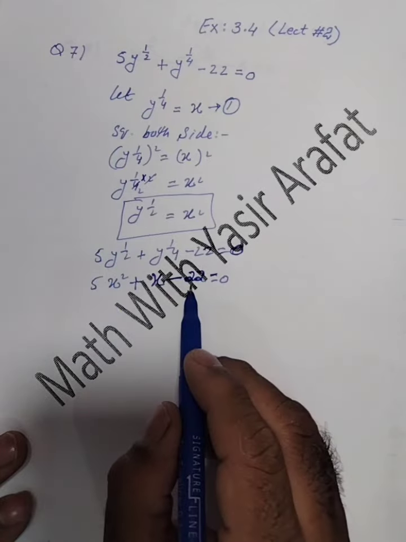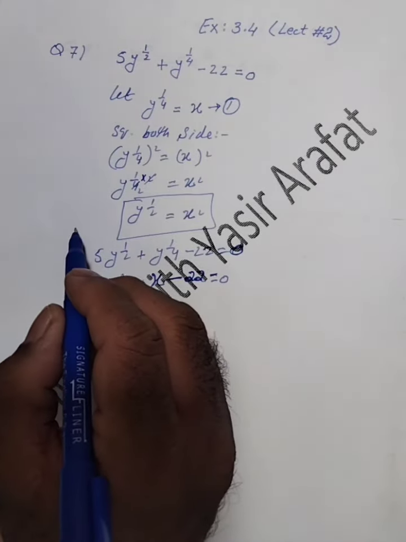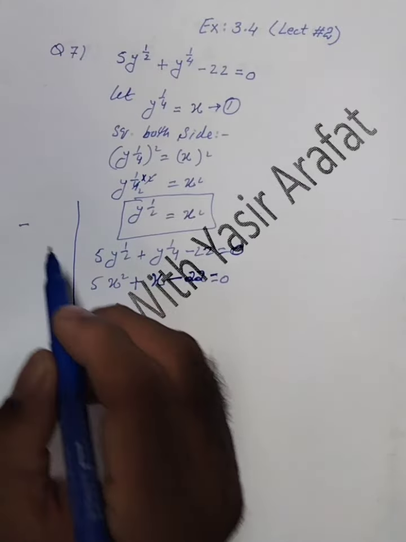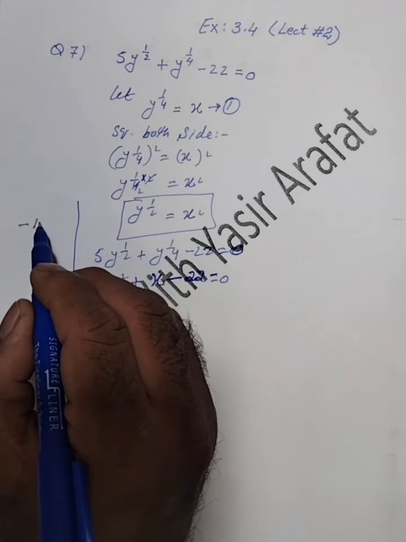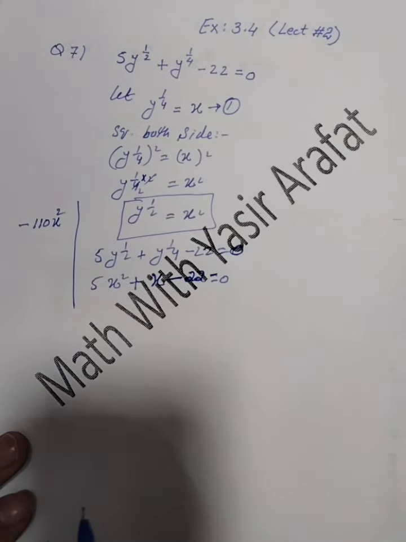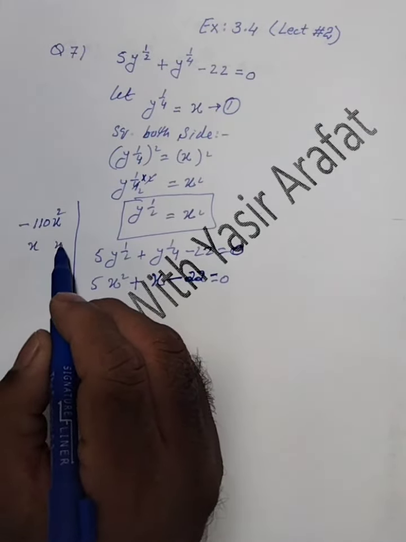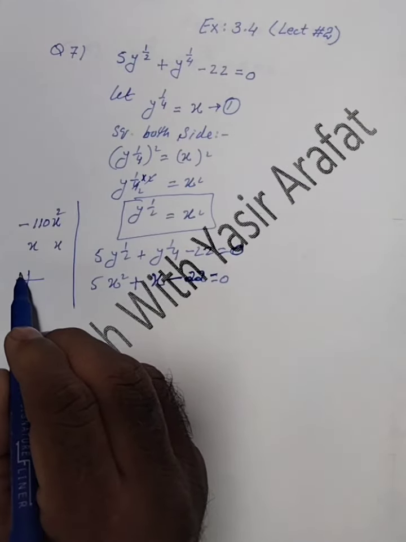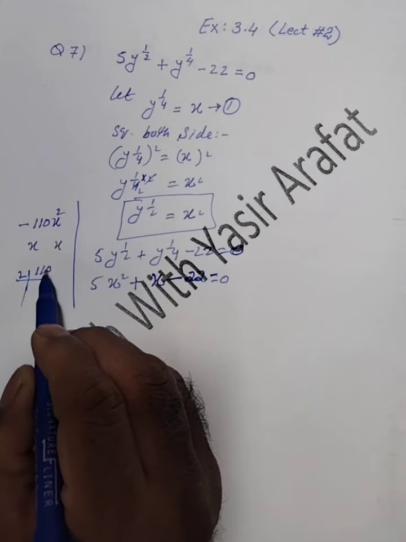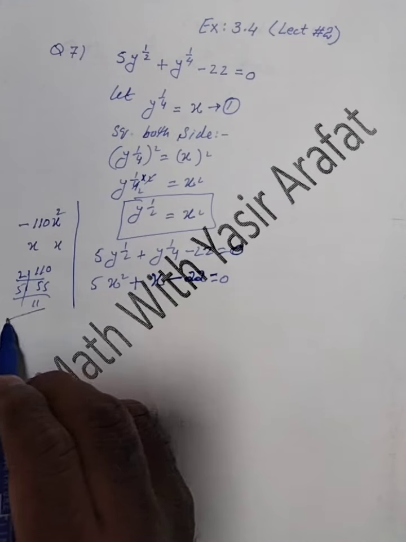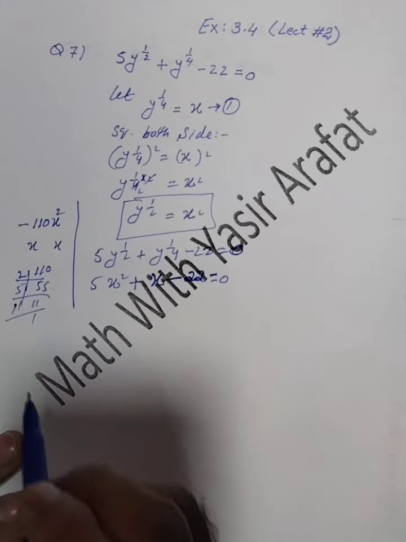So 5x square multiplied by minus 22 will be minus 110x square. The factor of x square is x times x, and for 110 we take out its factors: 2 fives are 10, 5 ones are 5, and 11 ones are 11.